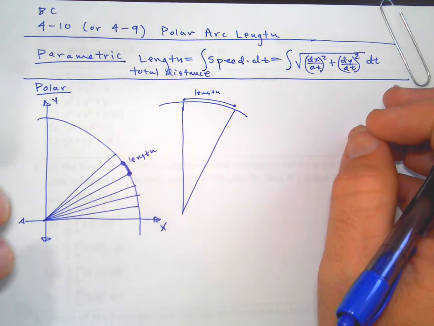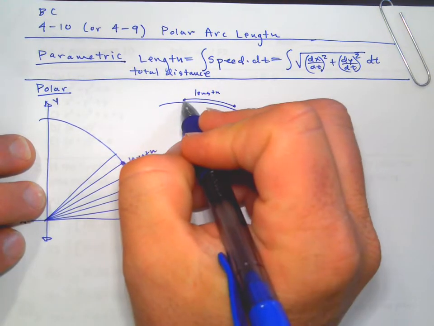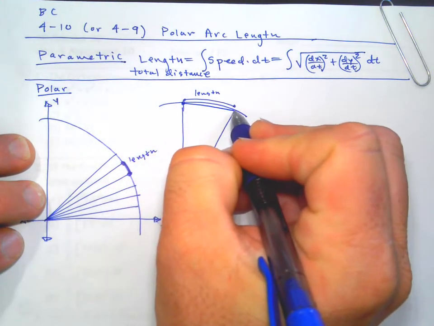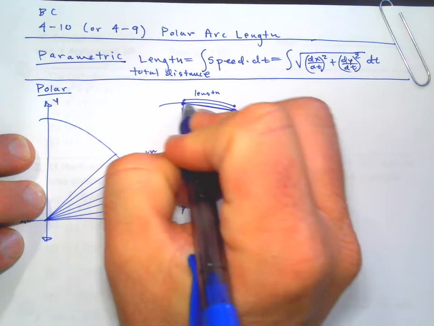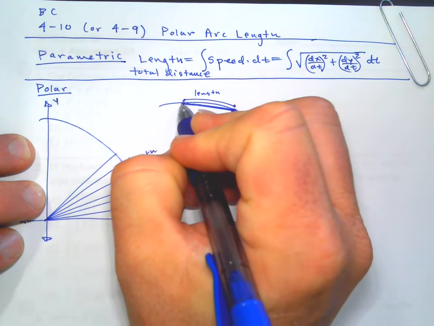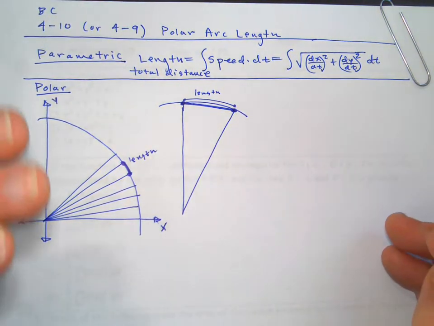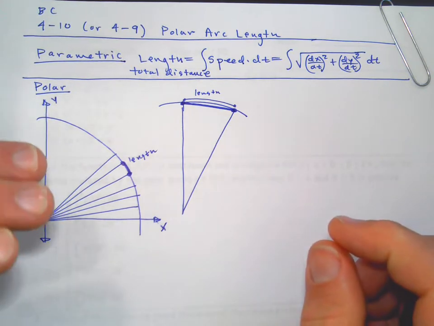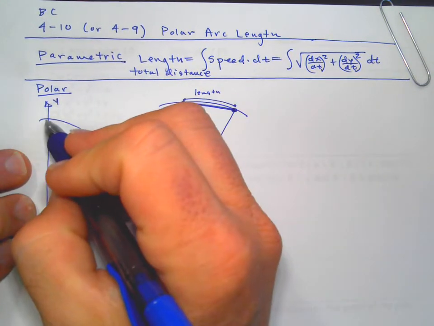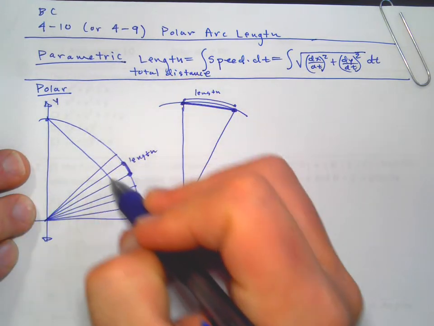What we could do, though, to estimate it is find the length of this straight line connecting the two edges of the arc length. Now, that's an estimate, and if you just did one for this whole arc, it'd look really bad.